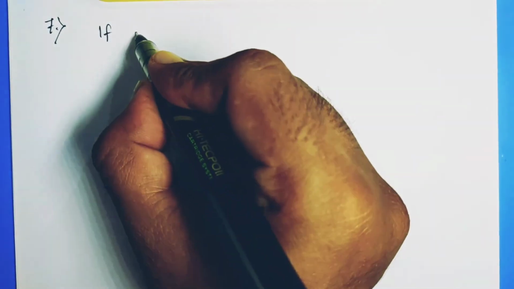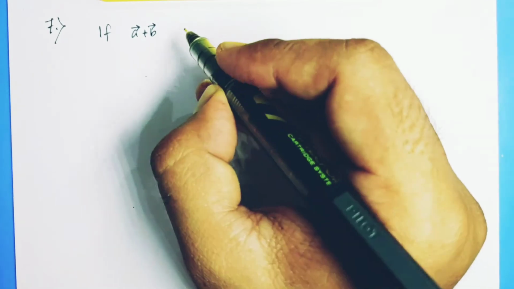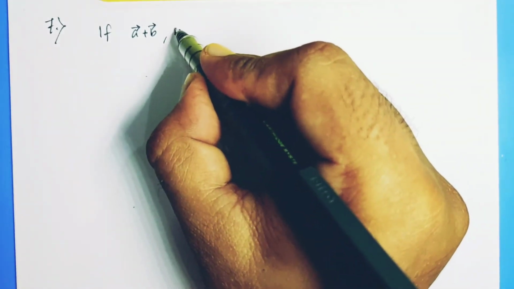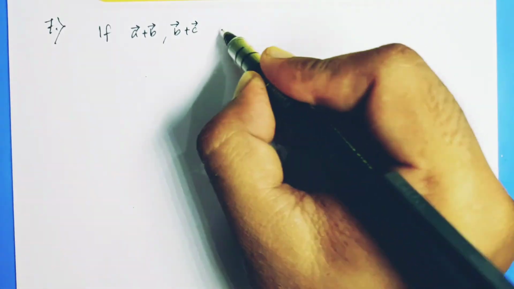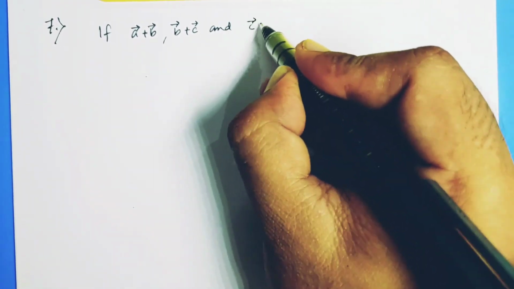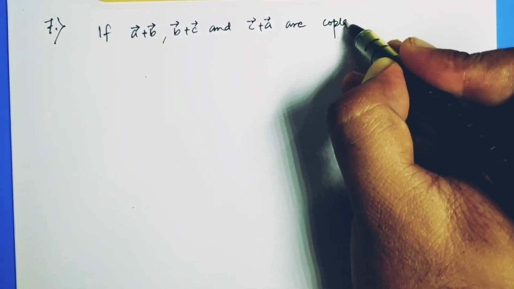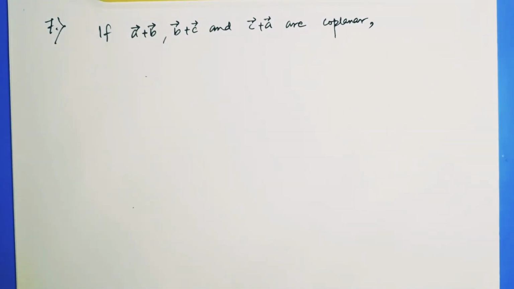Okay, so now if A plus B, B plus C and C plus A are coplanar, what can you say about them?